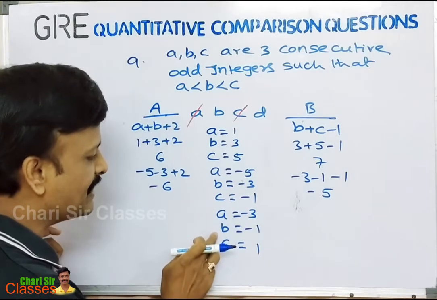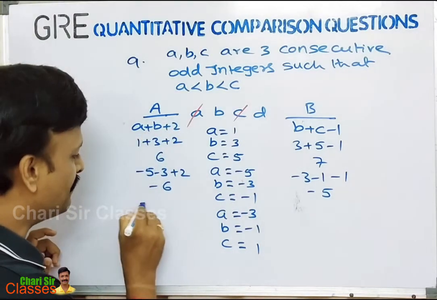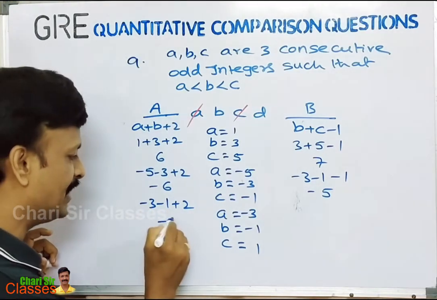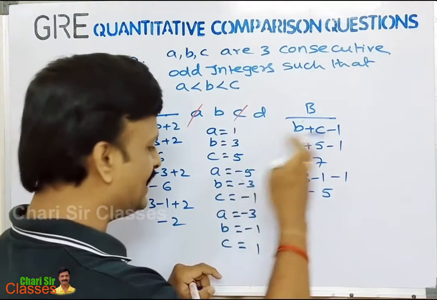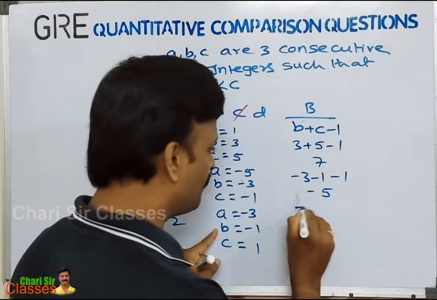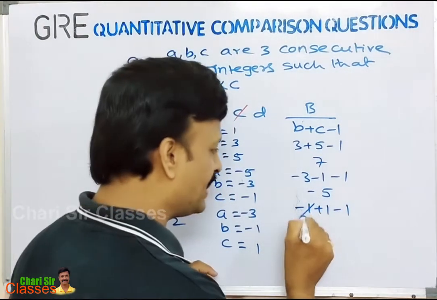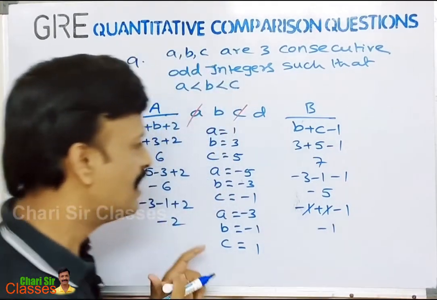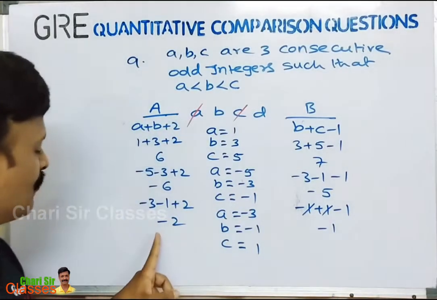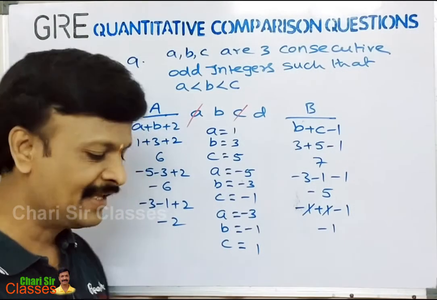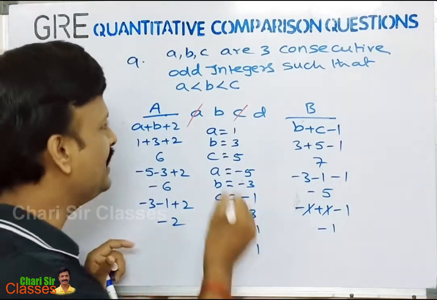Now A plus B plus 2, that is minus 3, minus 1 plus 2, minus 4 plus 2, that is minus 2. B plus C minus 1, minus 1 plus 1 minus 1, which is minus 1 plus 1 gets cancelled, this is minus 1. Quantity B is minus 1 and quantity A is minus 2. Definitely minus 1 is greater, therefore quantity B is greater.